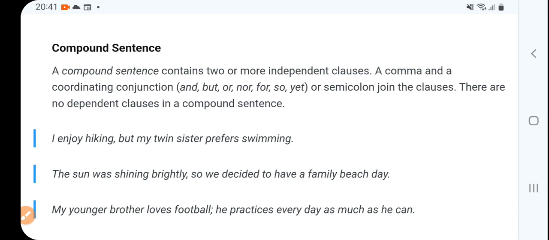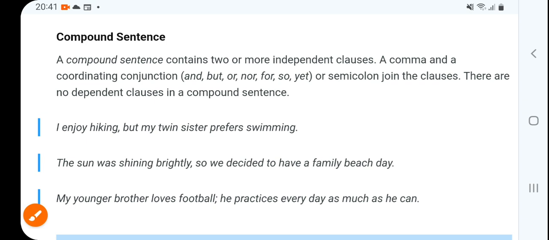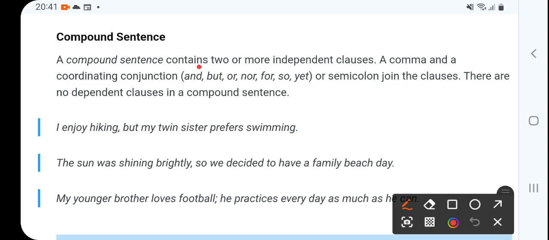Now moving to number 2, the compound sentence. A compound sentence contains two or more independent clauses, a comma, and a coordinating conjunction: but, and, or, nor, for, so, yet.